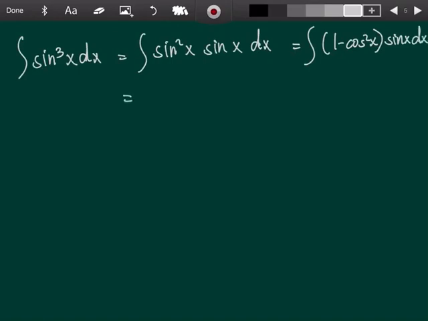And that becomes the integral of sine x dx minus the integral of cosine squared x sine x dx. Okay?